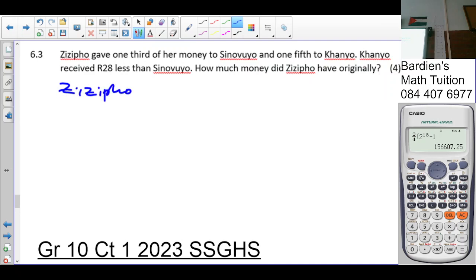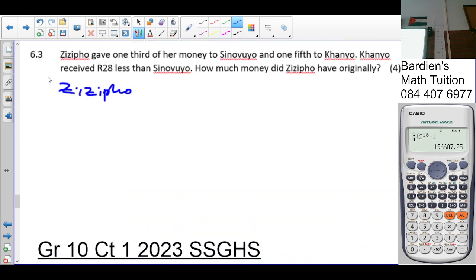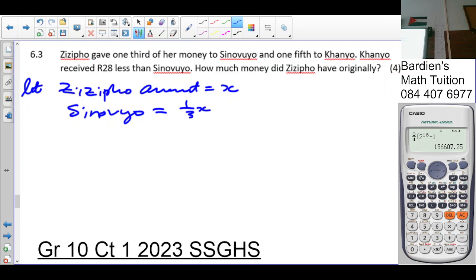So let Sisepo's amount equal x. Okay, so we see Sinevuyo, she's given a third of her money, so it's a third times x. Not so? And she gave 1/5 of her money to Kanyo, so it's 1/5 times x.